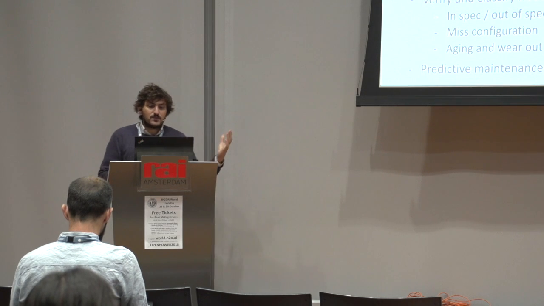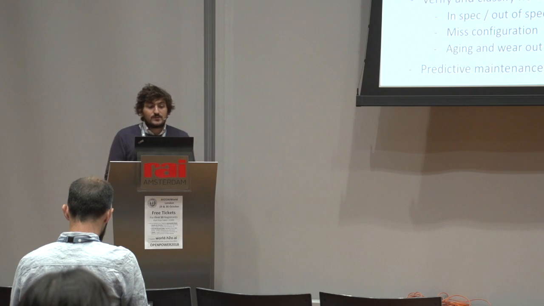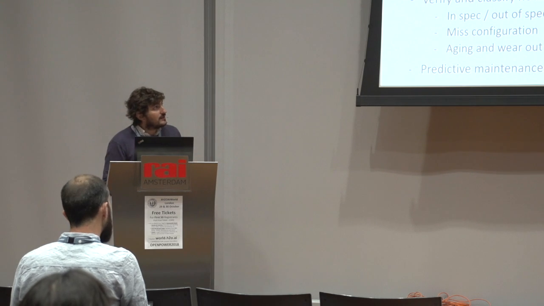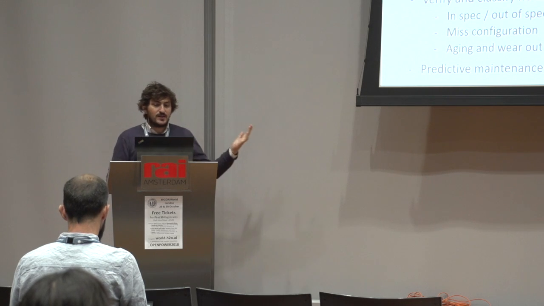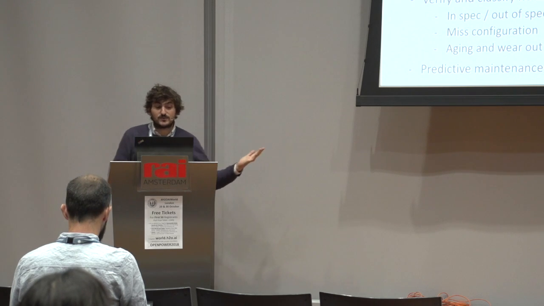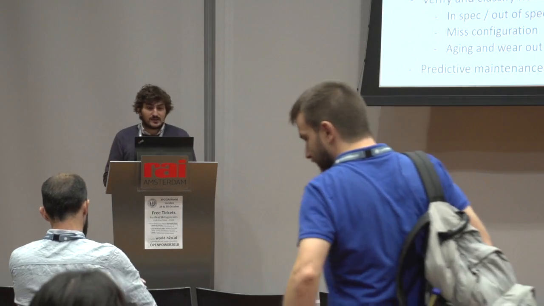The purpose of this is to enable the capability of evaluating if your computing node is in spec or out of spec, if it's misconfigured, or if it's aging and wearing out, and also to enable predictive maintenance.